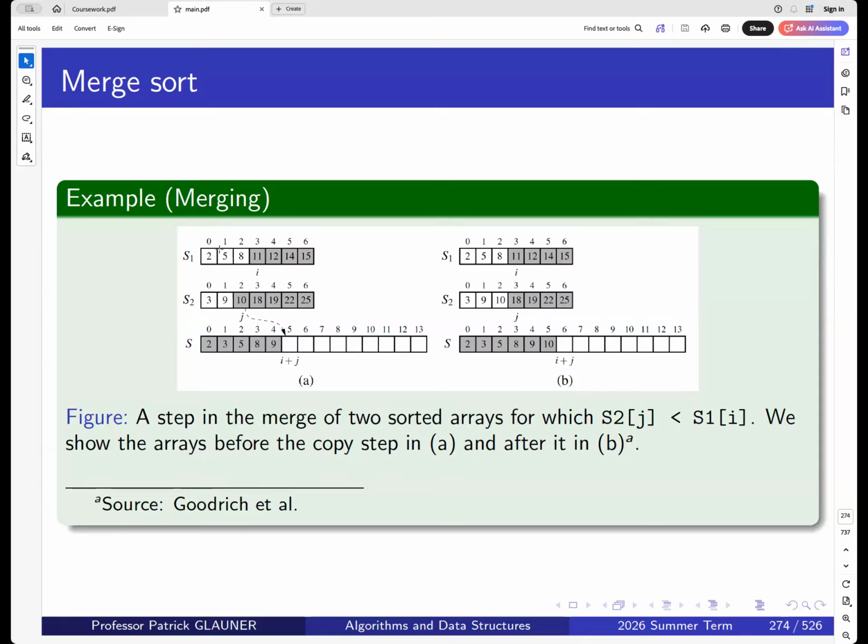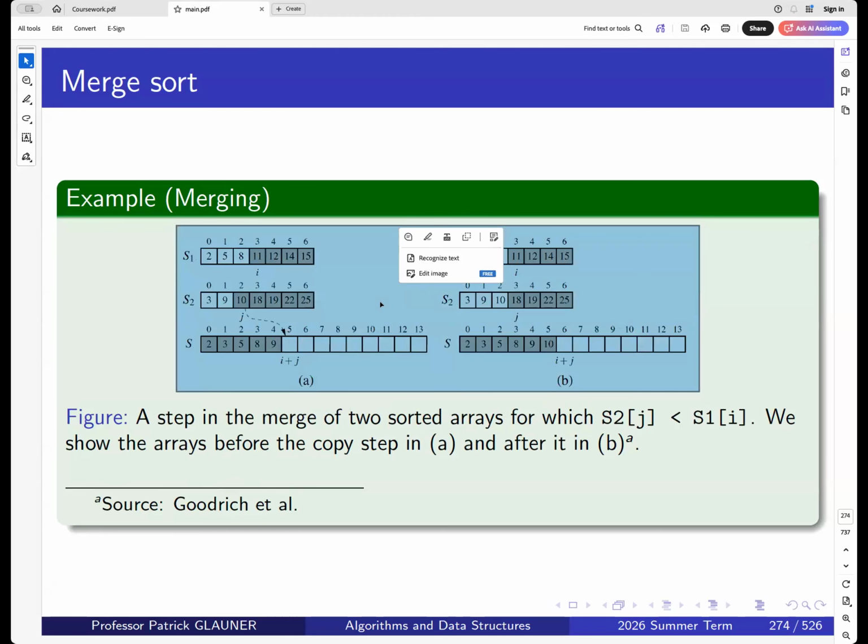The important thing is you don't drop any values from S1 or S2. As we build our merge sort now, S will already have the right size, so you don't need to do any append or resize. All you do is write into index i plus j.